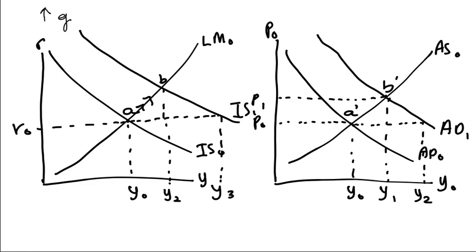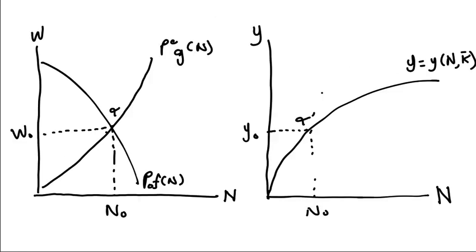Now, what happens to the nominal labor market? Previously, we have seen price increased from P0 to P1. As you can see, labor demand is attached to the actual price, P0, and we already know price increased from P0 to P1.